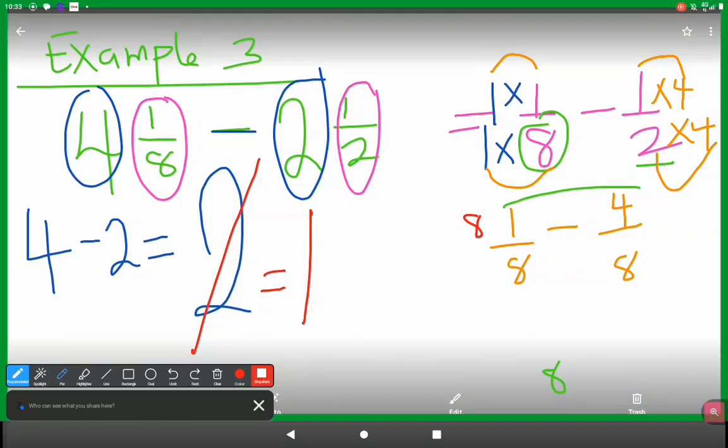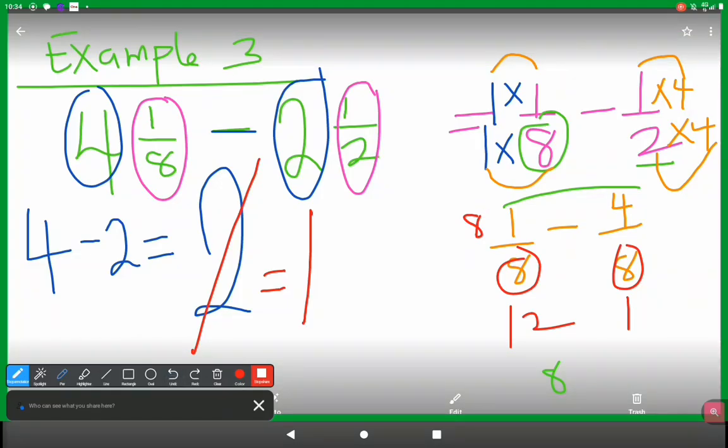Why and how did I turn the 1 into 8? Whatever the denominator is will be what it is converted to. Let me repeat that. If you pick the 1 from the whole number, it will definitely change to whatever the denominator is. If the denominator were 12, then the one I pick from the whole number will definitely turn into 12.